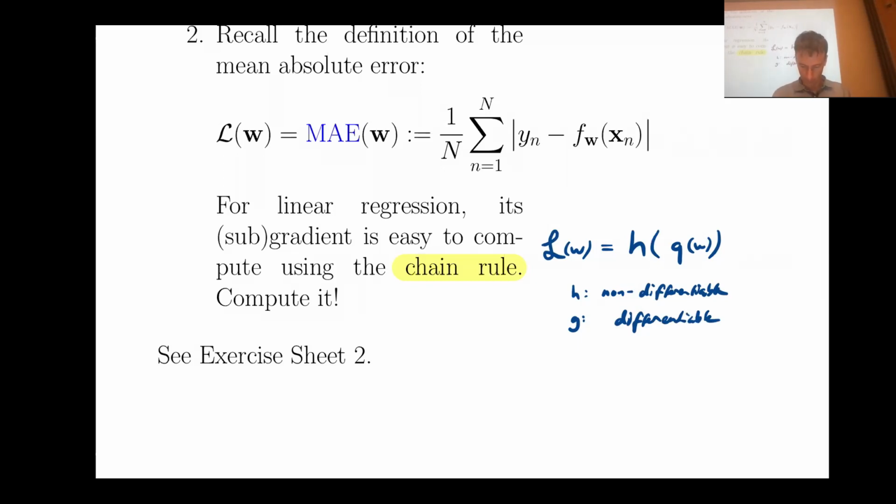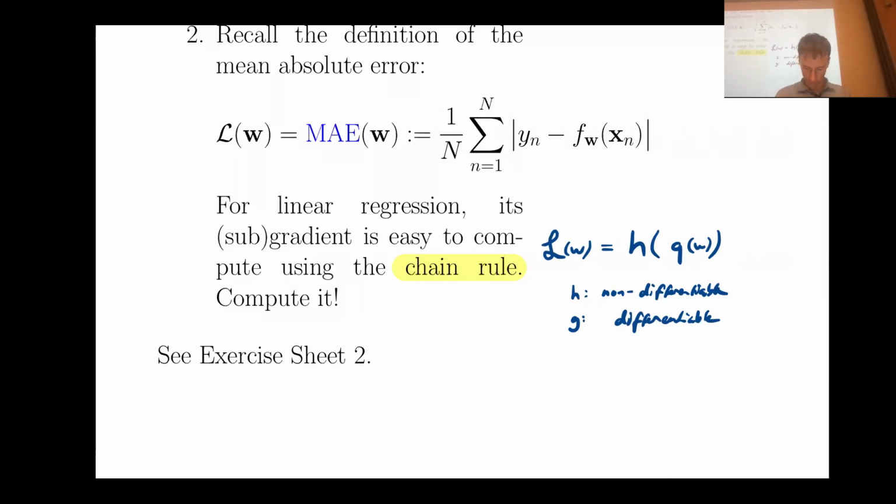Now let's say we understand the h and g, and the question, of course, is can we get a subgradient of the composed thing, which consists of the two things together.